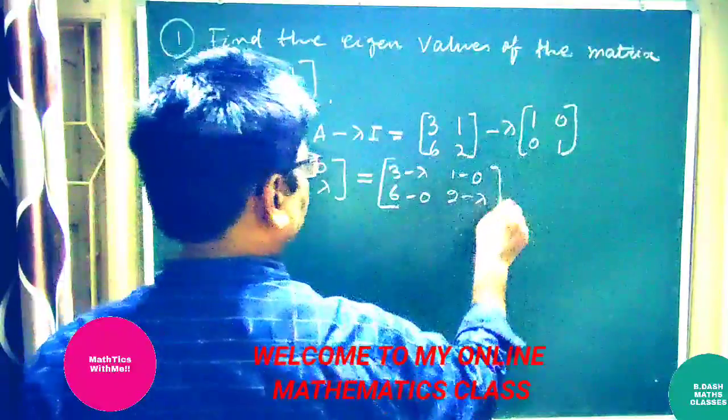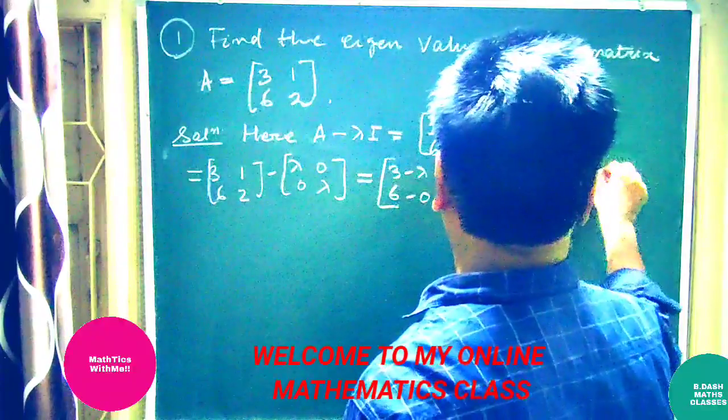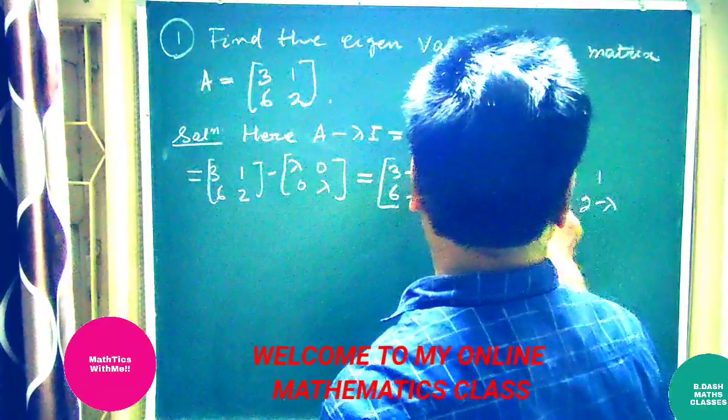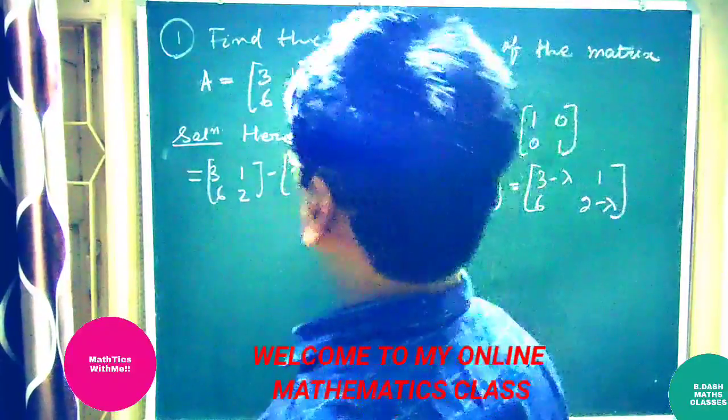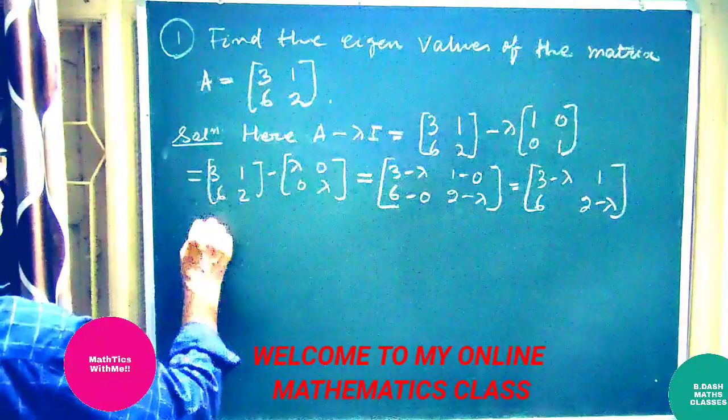So this matrix is [3 minus lambda, 1; 6, 2 minus lambda]. This is called the characteristic matrix of A.